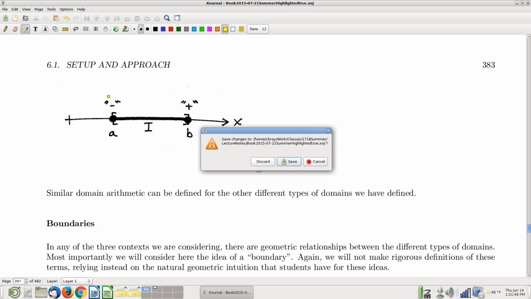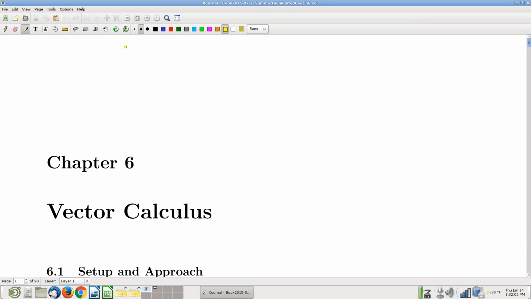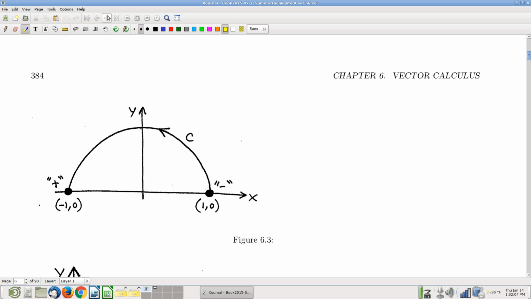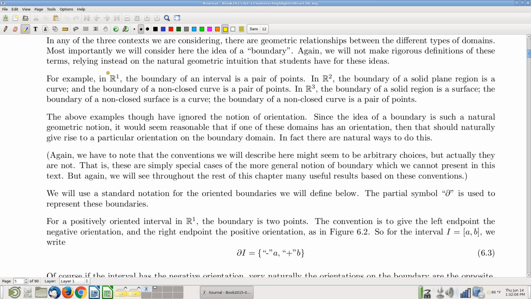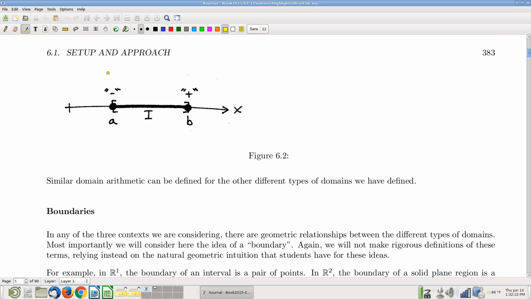Let me open up the other file. Chapter 6. Here it is. Use chapter 6. The program that I use here has some weird features that make it not work very well after I get a certain distance into the file.